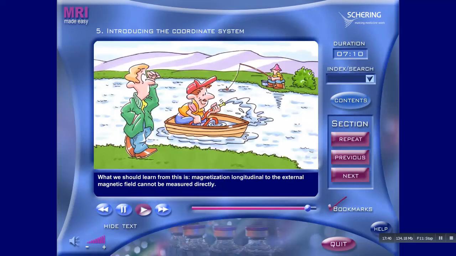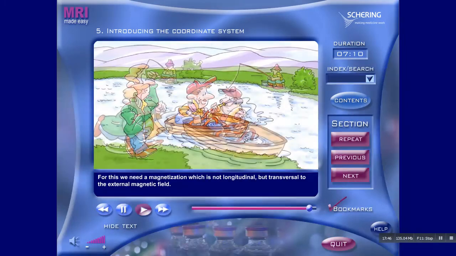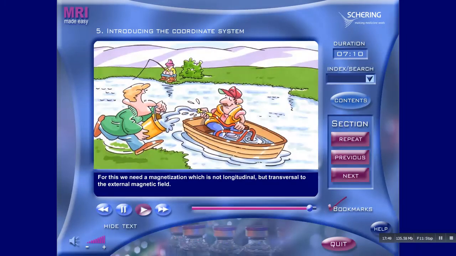For this, we need a magnetization which is not longitudinal, but transversal to the external magnetic field. Before you walk away, let's just sum up, and when you come back, start with this summary again.